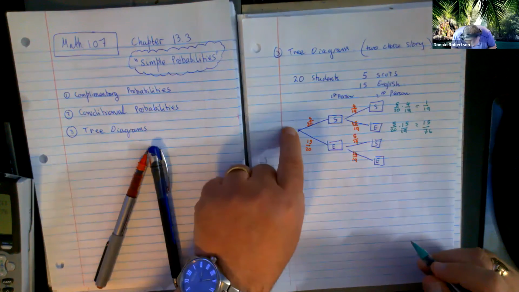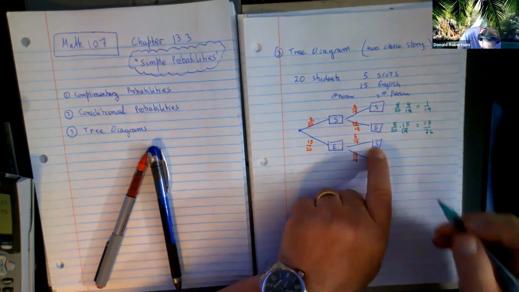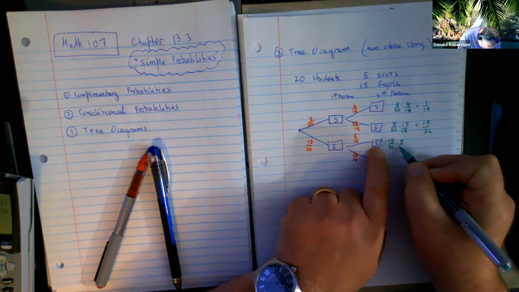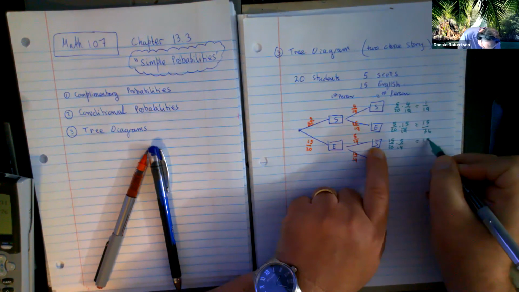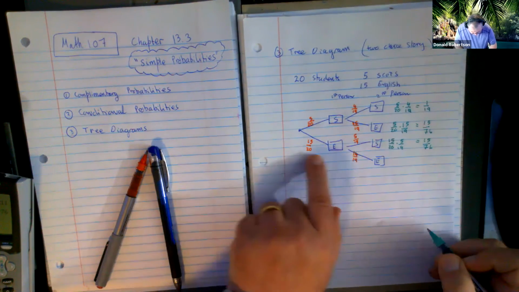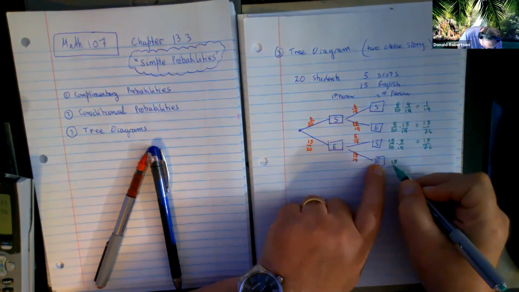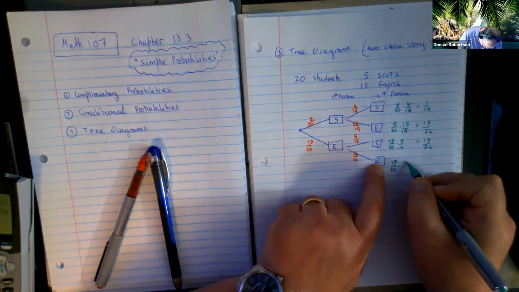Now, what about an Englishman first and then you chose a Scotsman? Well, you multiply those two probabilities together. You get that. And then lastly, an Englishman first and still another Englishman after that. And you multiply their probabilities together.